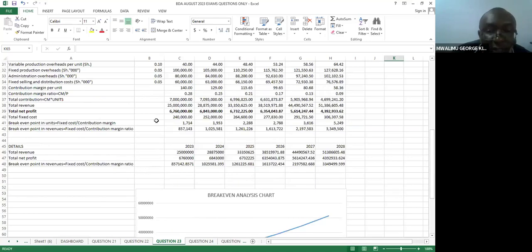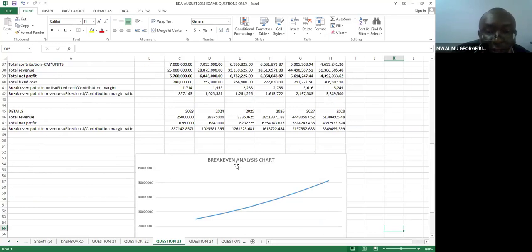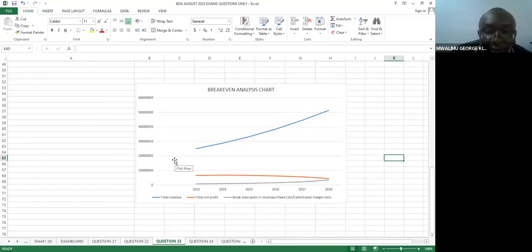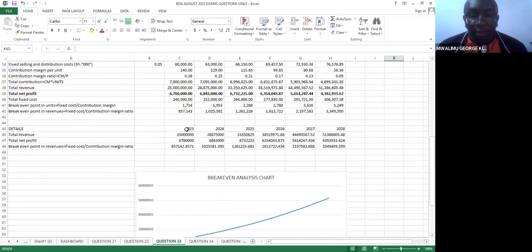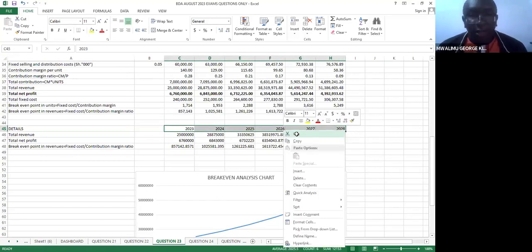This column is the one bringing this big space, we should remove it. But it's still okay, we can still see, but it would be better to remove that and bring these here. If I say cut and I paste here.